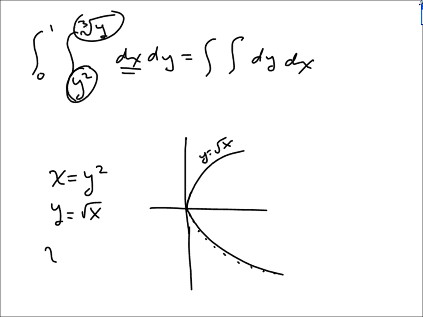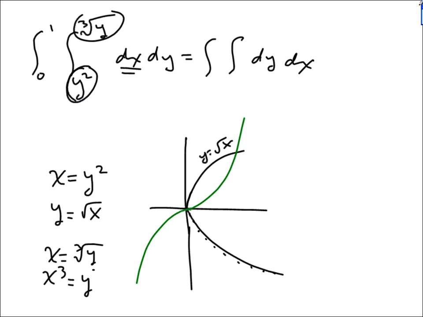Now, we also know that x is equal to the cube root of y. If I cube both sides, I know that x cubed is y. And x cubed happens to go like that.